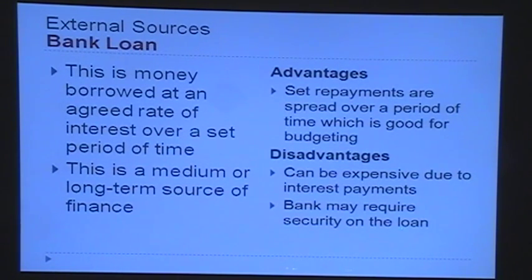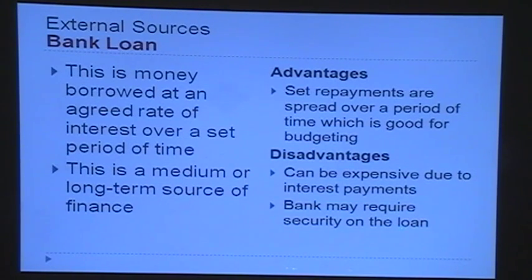That means you are given a set amount of time to pay back the money. It is possible for you to sell off your goods purchased with these loans and pay back as and when due. However, disadvantages: it can be expensive due to interest payments.